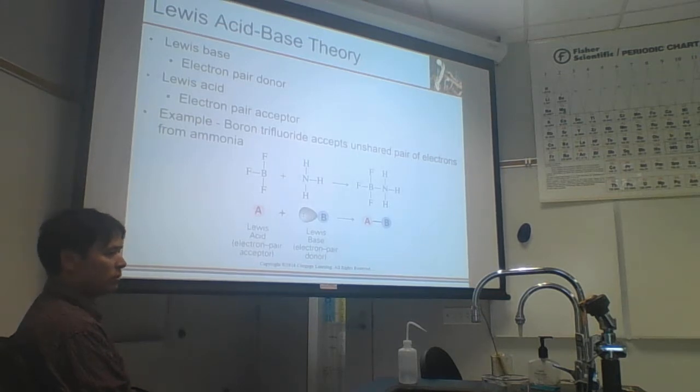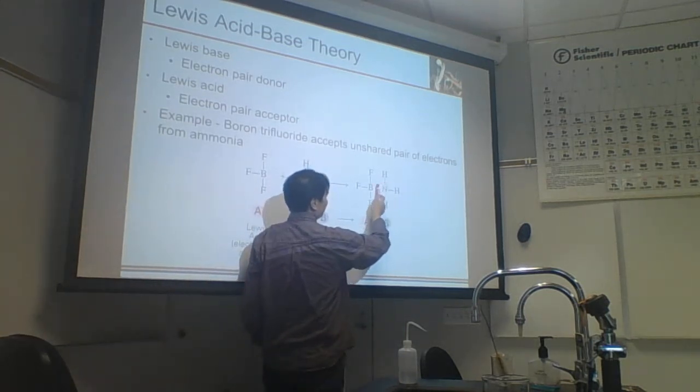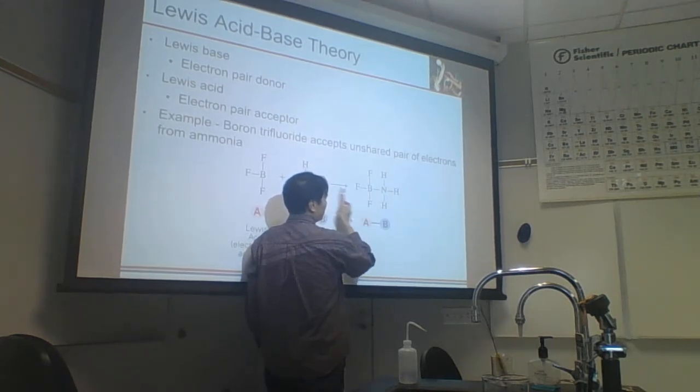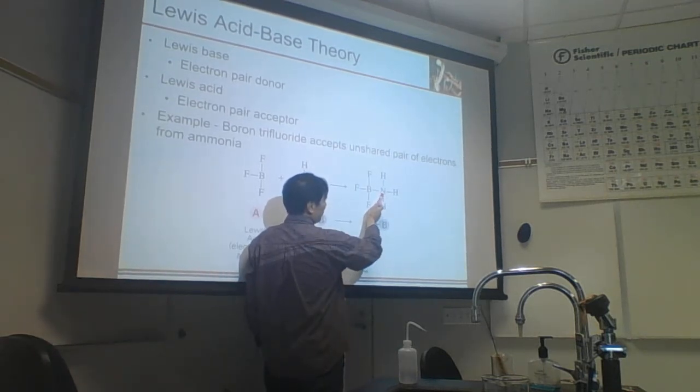A positive charge on fluorine is unacceptable because fluorine is the most electronegative element on the chart. And so in this case, nitrogen is going to end up with a positive, boron's going to end up with a negative. But this happens because now boron has an octet. Now it's finally happy because it was unhappy before. It's going to get an octet from nitrogen.